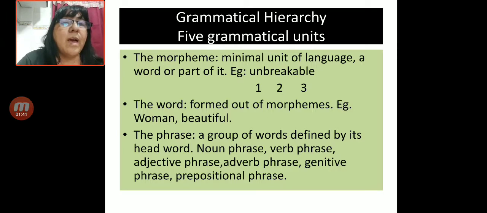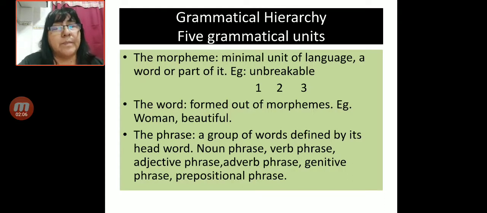In grammar we have 5 grammatical units according to their importance. One of them is the morpheme. The morpheme is the minimal unit of language with meaning. It may be a word or part of it.